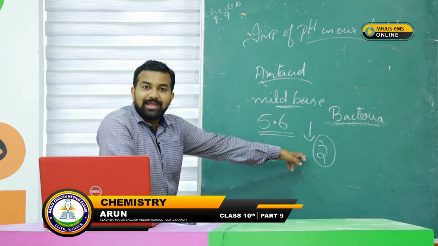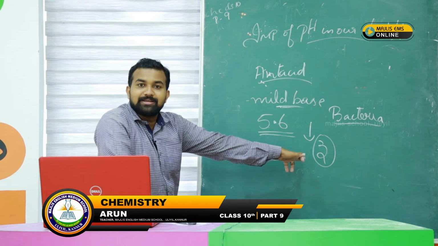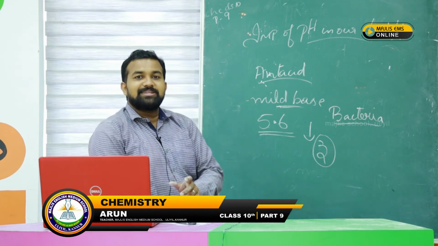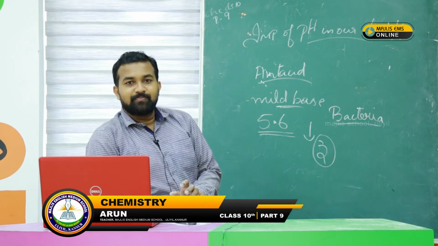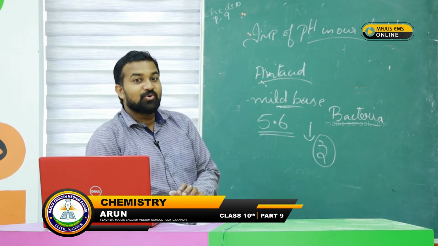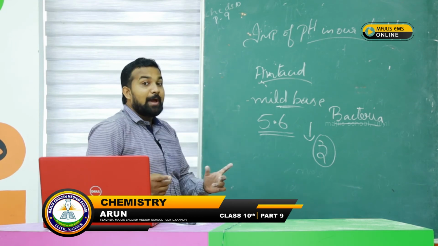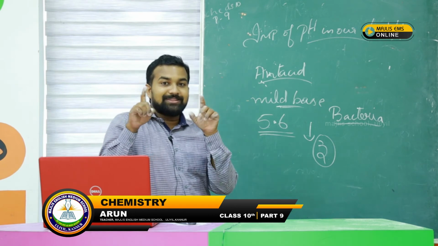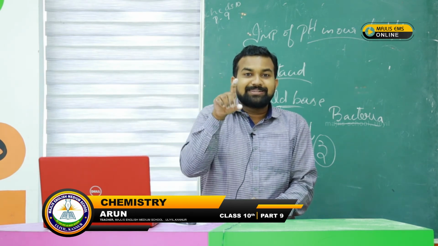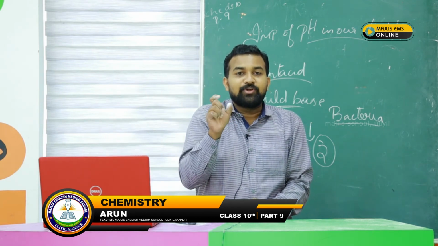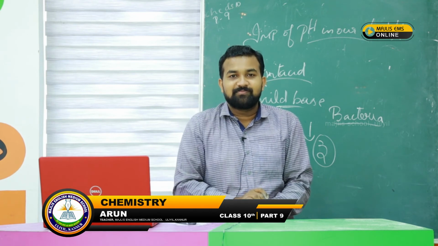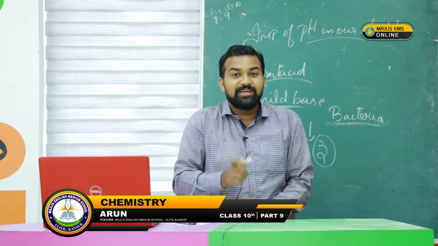But when it comes to 3, it is a strong acidic region, then the bacteria can act upon it. So the bacteria will be very happy to act upon our mouth, on our teeth, and the teeth will start to decay if we are not brushing.